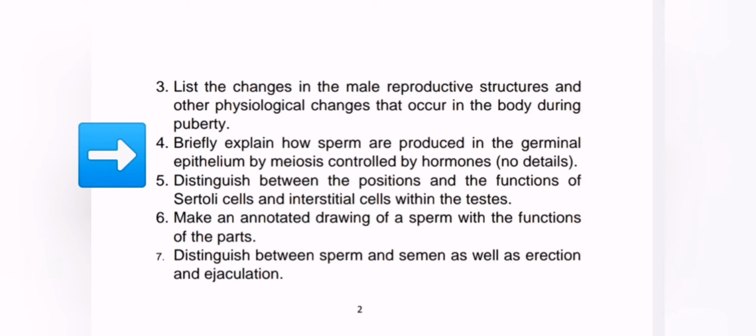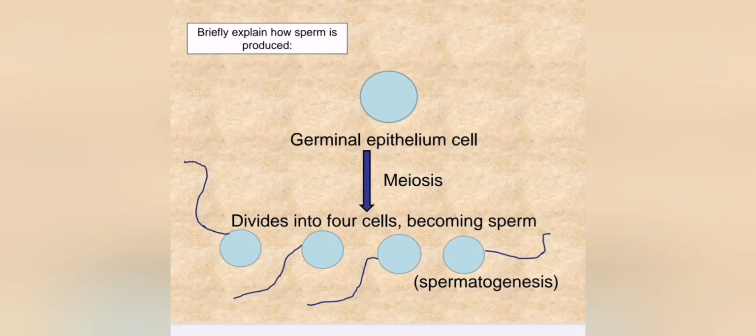Now, going back to the questions, it says that we need to explain how a germinal epithelium actually changes into sperm by meiosis. Now, please note there that the question says no details, which means the IEB is expecting you to know the basics. In your textbook, there's probably a huge amount of information about the division of germinal epithelium into sperm, but you just have to know the basics, as I said, and this diagram is kind of it.